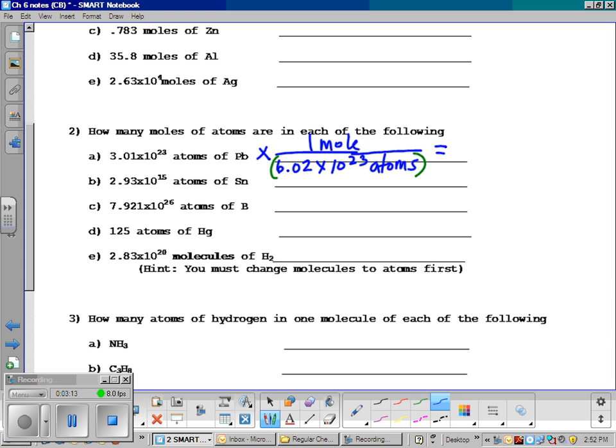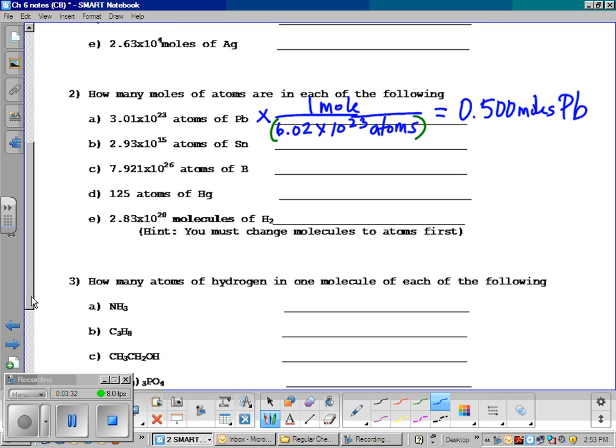If you calculate that out correctly, make sure you're following along. Here again I have 3 significant figures, 3 significant figures, so I should get 0.500 moles of lead. For all of these, I am just going to divide by Avogadro's number, so you should be able to handle that just fine.